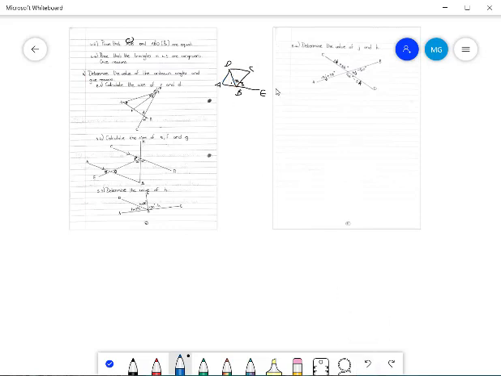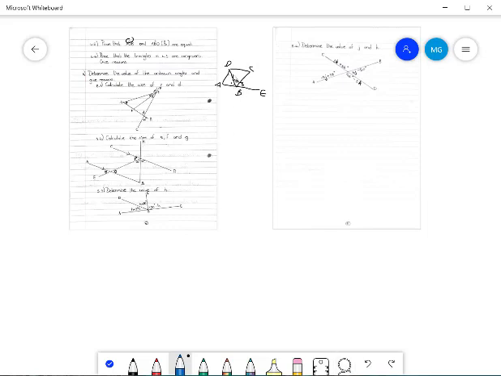And angle ABD, so basically this angle, or I put in brackets angle B1. So I need to prove that those two are the same size or equal.